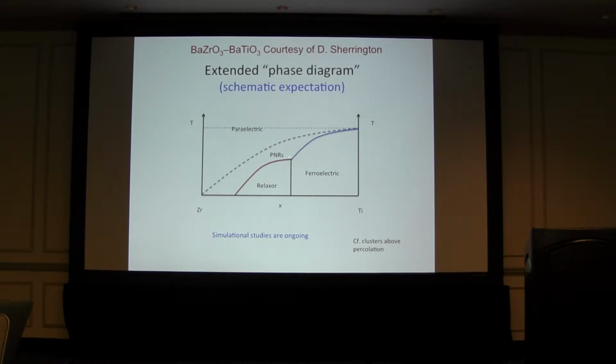And so I was inclined to think that this sort of phase diagram topology might be more or less correct, like this vertical phase boundary, and that this would correspond to T star and this would correspond to Burns temperature.